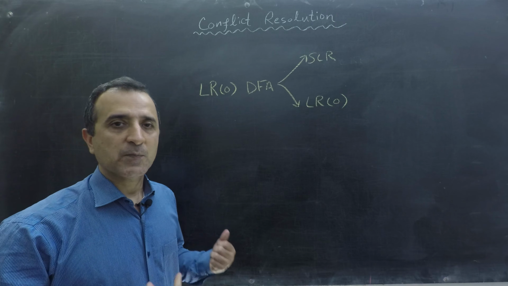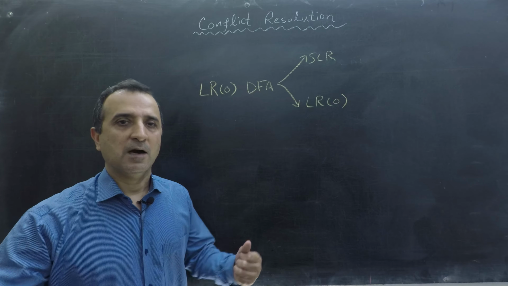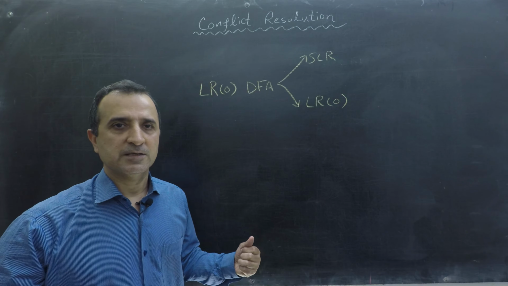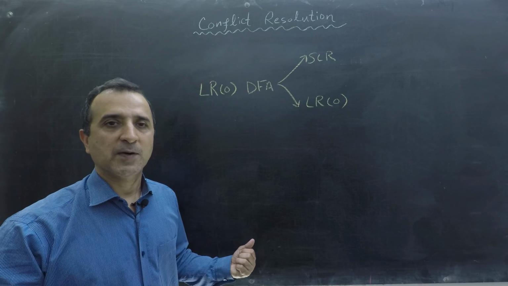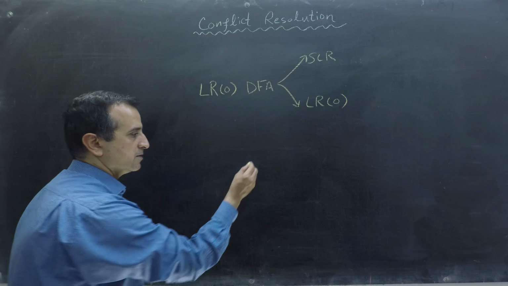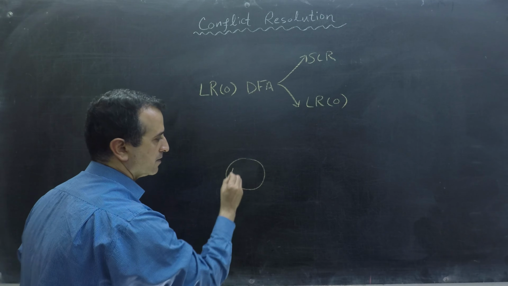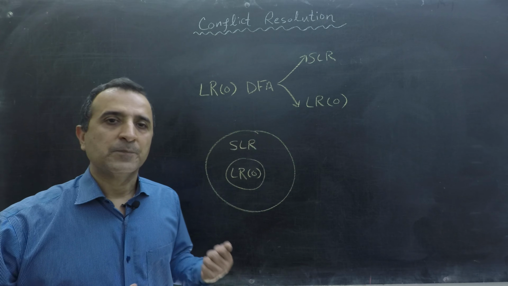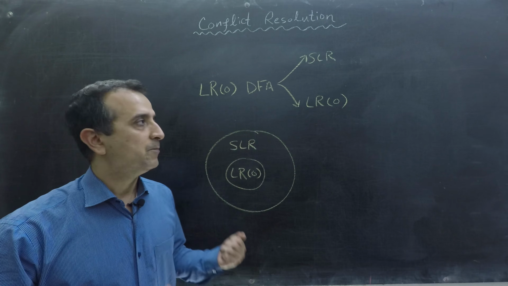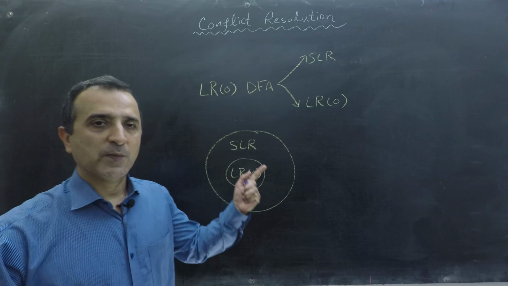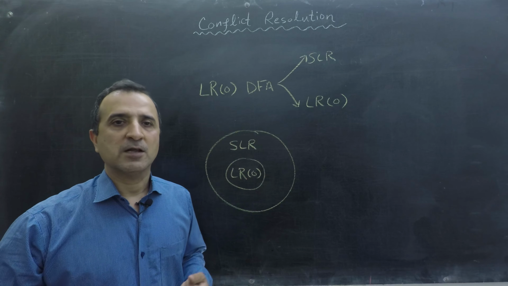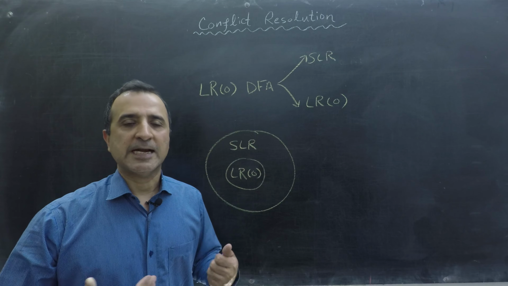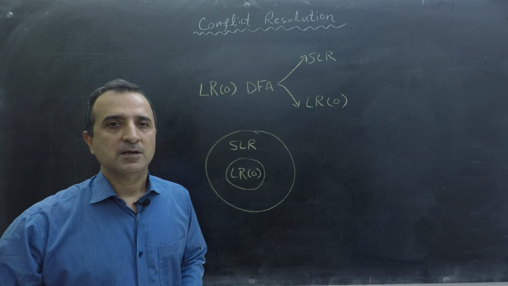So, SLR parser accepts a larger set of languages as compared to LR0 parser. The creation of the parsing table in those parsers, because of their conflict resolution strategy, is different.